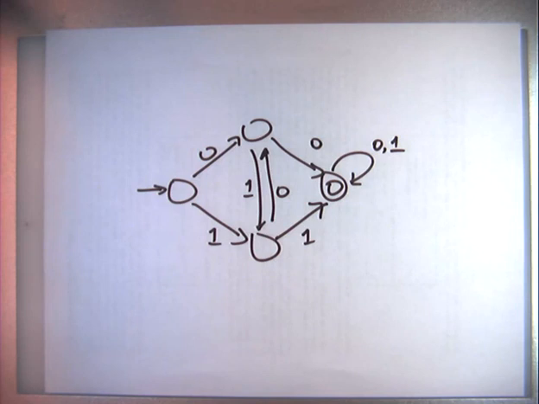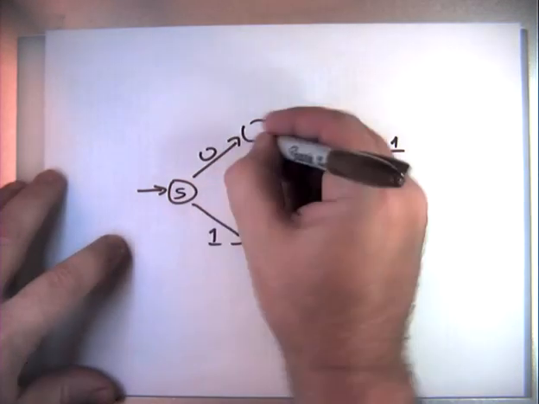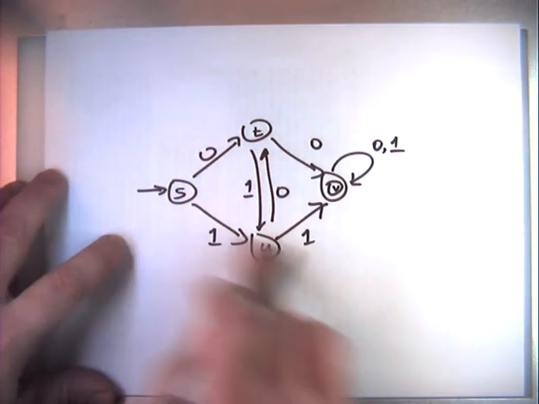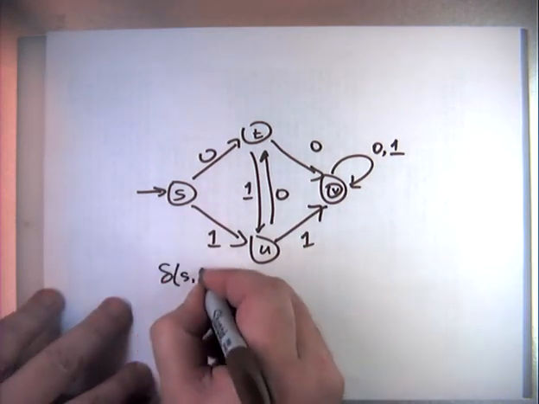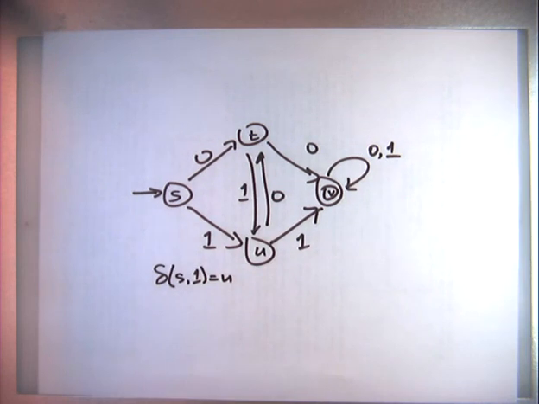But at another level, you can think of a DFA as a directed graph, where each of the vertices corresponds to a state, each of the directed edges corresponds to a transition, and the edges are labeled with the symbols that make that transition happen. So this edge from S to U is labeled 1 to indicate that delta of S comma 1 is equal to U. But I can actually do this transformation going backwards.